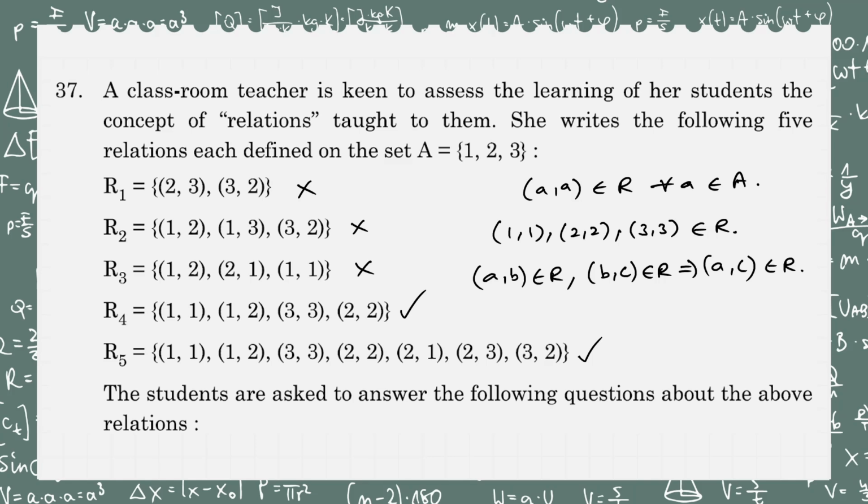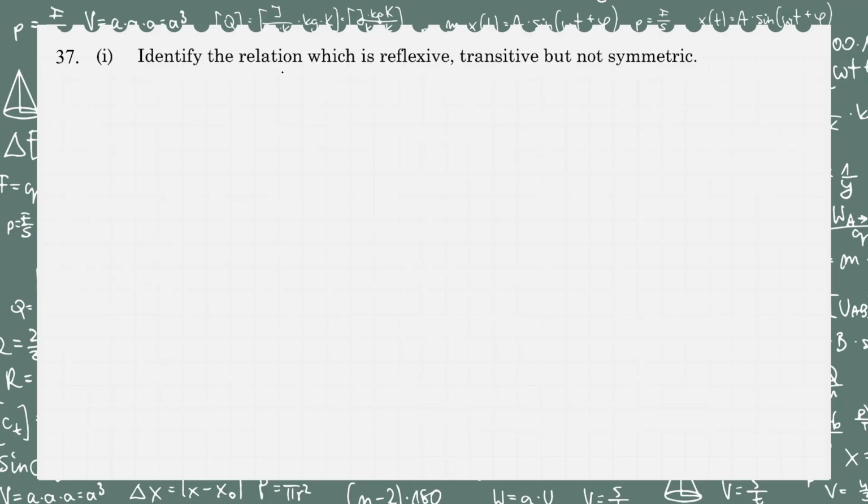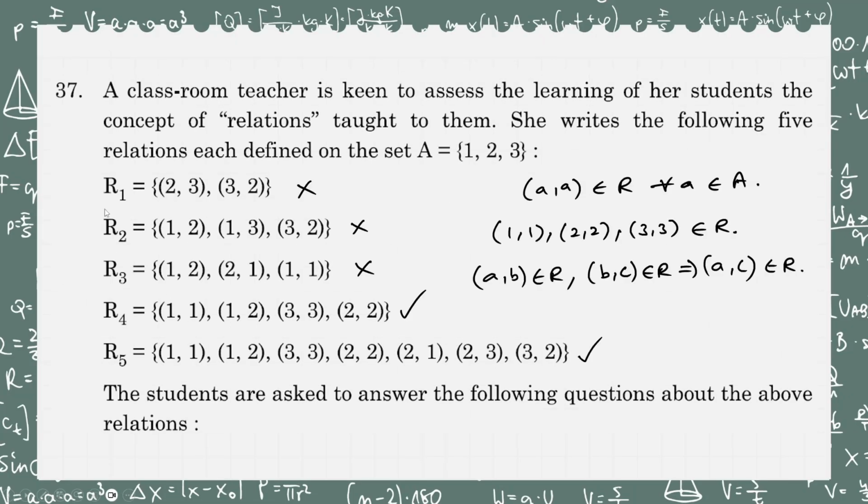So we want a relation which satisfies reflexive as well as transitive. Since R1, R2, R3 were already failing to be reflexive, we can't check the transitive property with them. Only R4 and R5 are our concern now. Let us check which of these satisfy the transitive property.